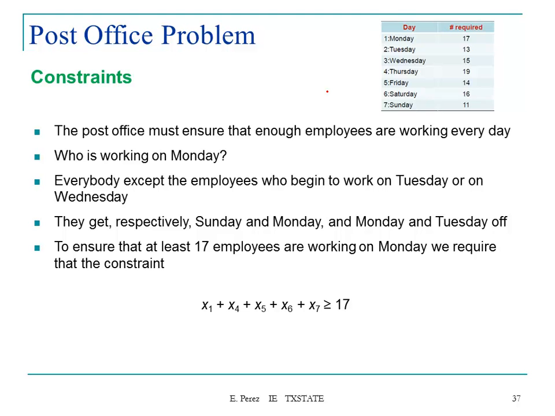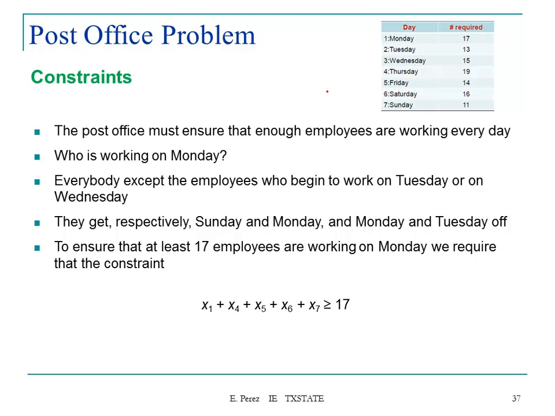So to ensure that at least 17 employees are working on Monday, we require that the constraint will be X1, X4, X5, X6, and X7 being greater or equal to 70. Because we know that the only employees that are going to be working on Monday are the ones that start on Monday and the ones that start on Thursday, Friday, Saturday, and Sunday.